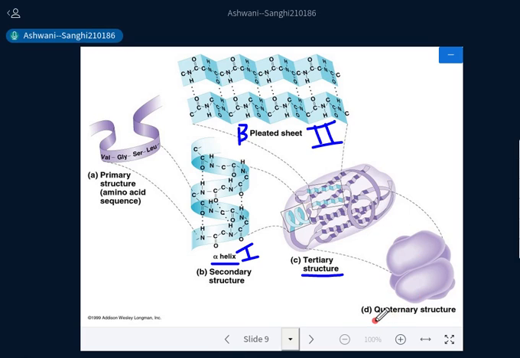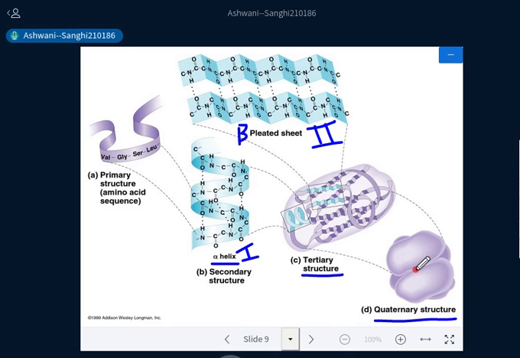Quaternary structure is also a three-dimensional structure. It is the protein-protein interaction. An example is hemoglobin, a 4-chain protein.